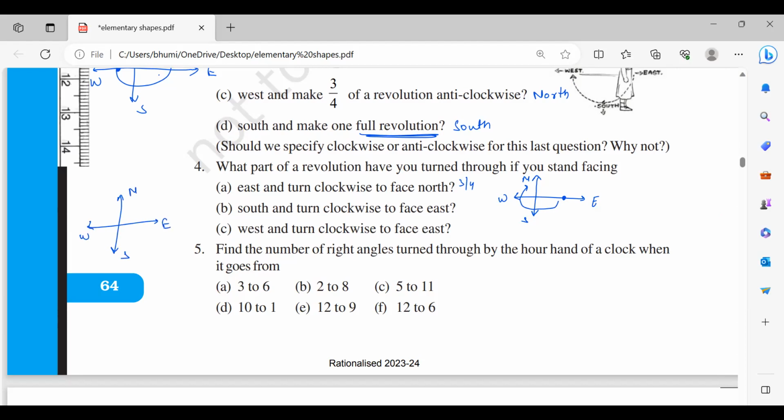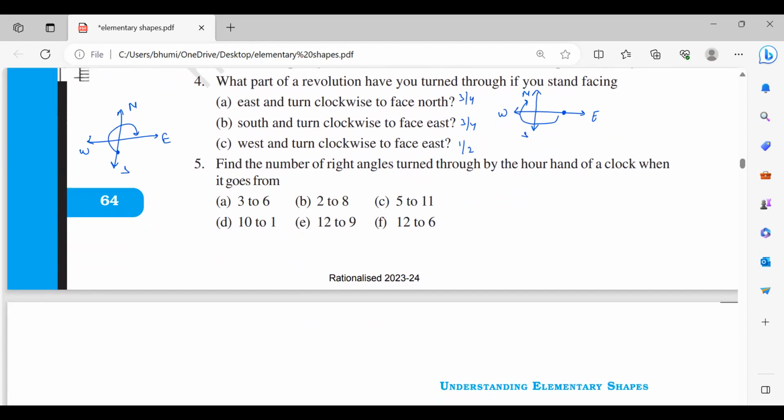You are facing south and turn clockwise to face east. Again 3/4. You are facing west and turn clockwise to face east. 1/2.